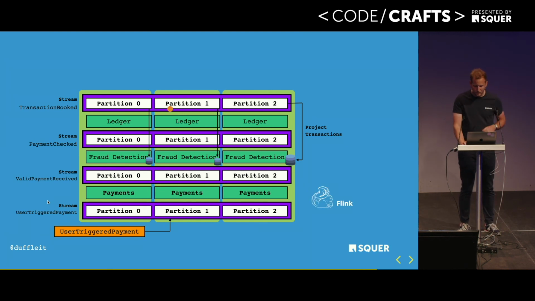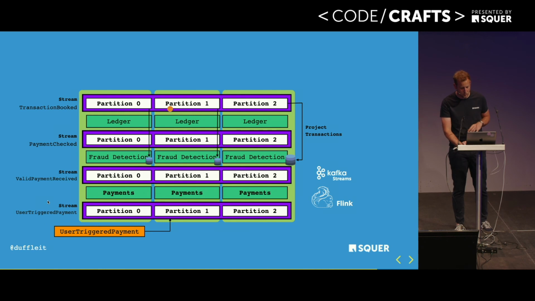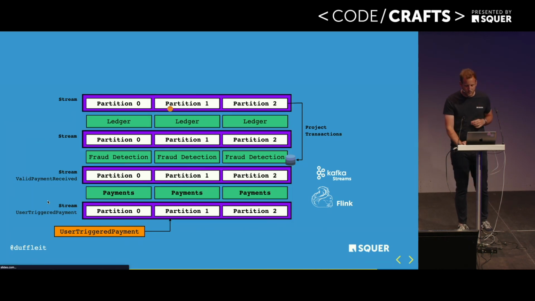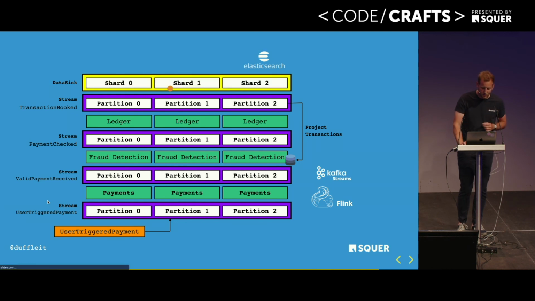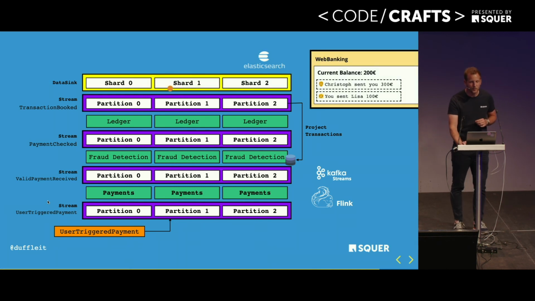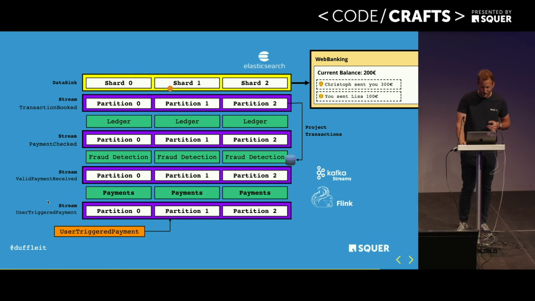And then, we usually did this with Apache Flink back in the day. Now you can often use Kafka Streams to achieve a similar result. And then you post it somewhere in Elastic, which in itself again uses shards. And then you have your web frontend, and the web frontend just goes to Elastic and sees the transactions, and you can never kill this system, yeah? If you build it like this, at least from my perspective, right?